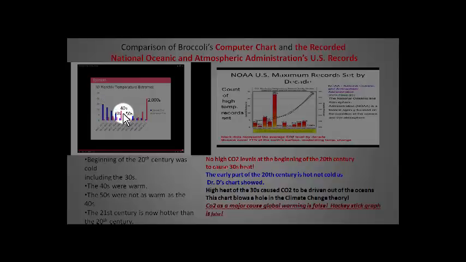He shows the beginning of the 20th century to be cold when it was actually warm. He shows the 30s to be cold when the 30s were actually extremely hot. Broccoli's chart shows the 21st century hot when in fact it was cool.